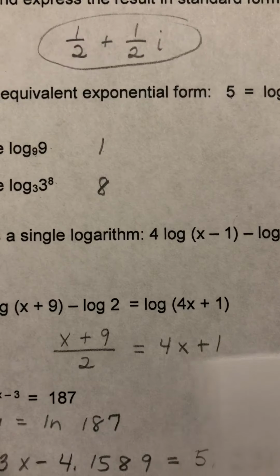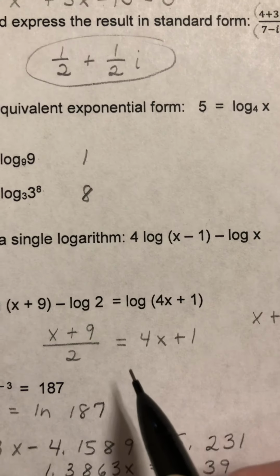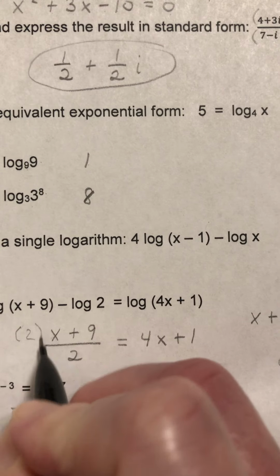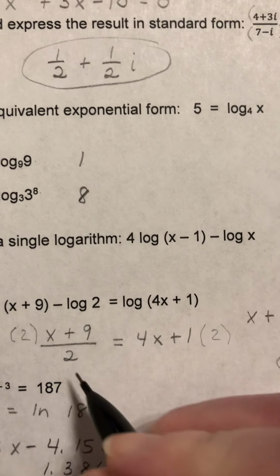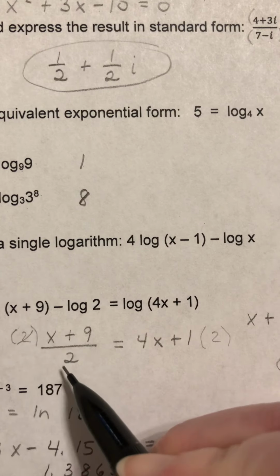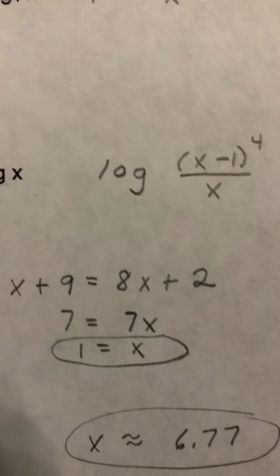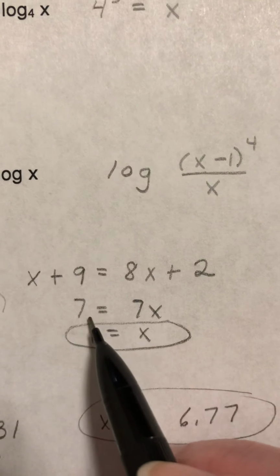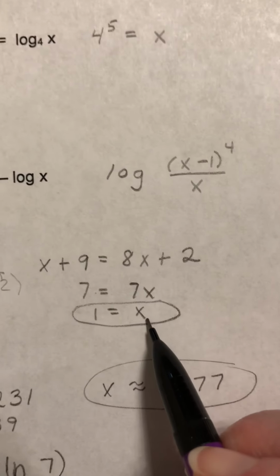So if the logs are equal, then the two items are equal. Then you want to clear the fraction by multiplying both sides of the equation by 2. That will clear the fraction here. Distribute this, and you get x plus 9 equals 8x plus 2. Subtract the 2 from the 9, subtract the x from the 8x, and x is 1.